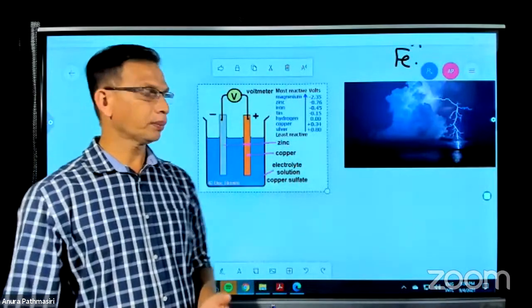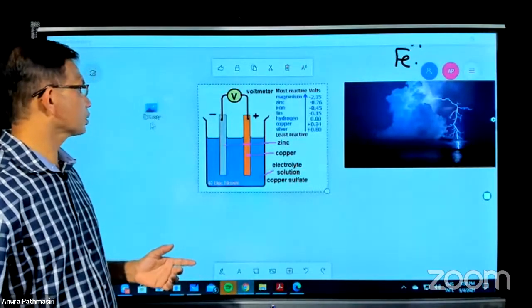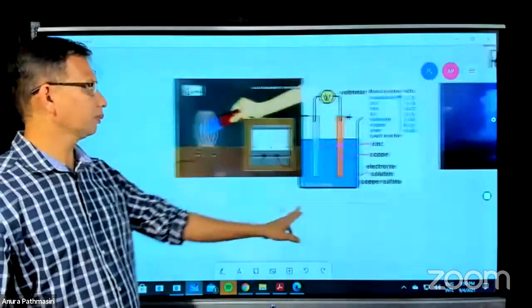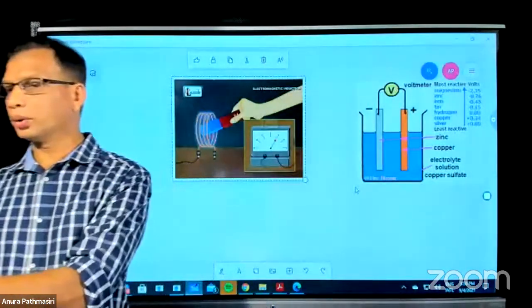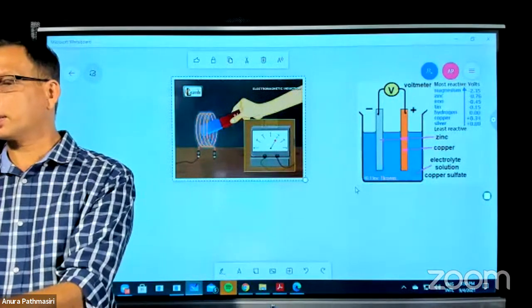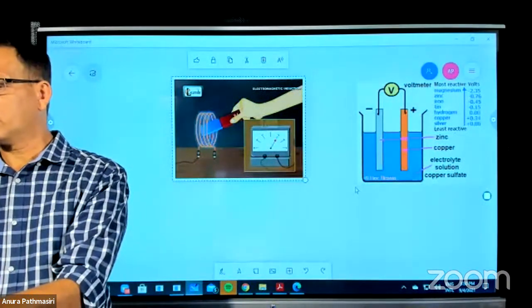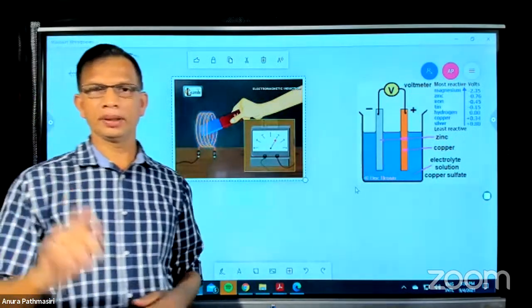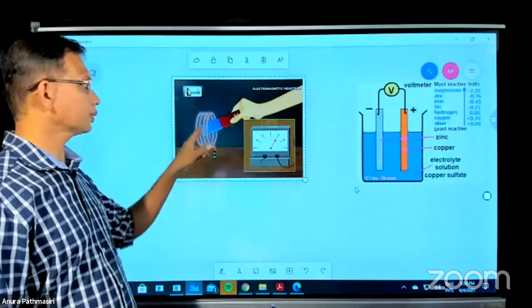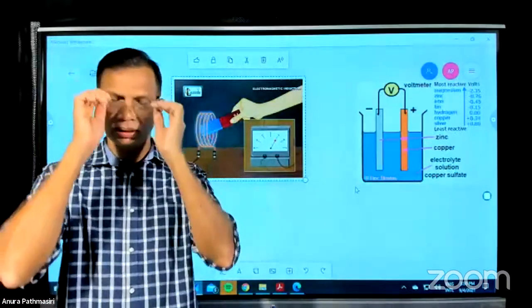So electromagnetic induction is something that we will be learning. We are going to study it in the next unit, unit 13. We will be studying how electricity is generated by using the physical process.